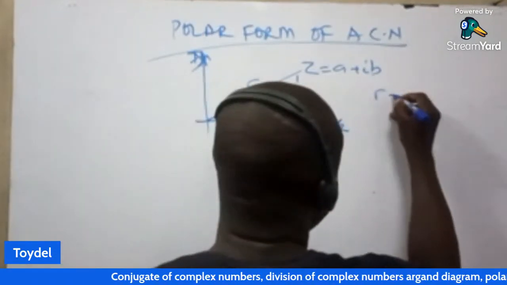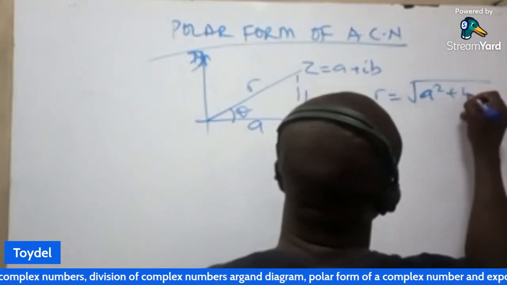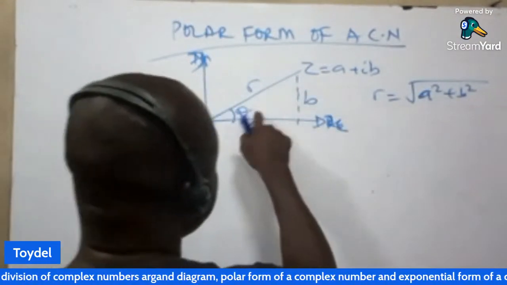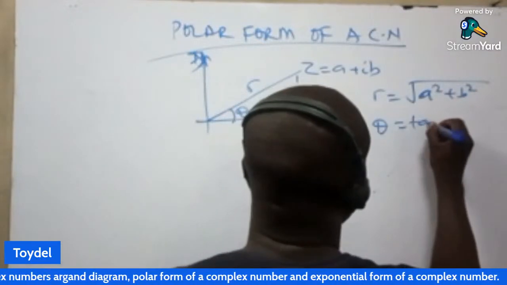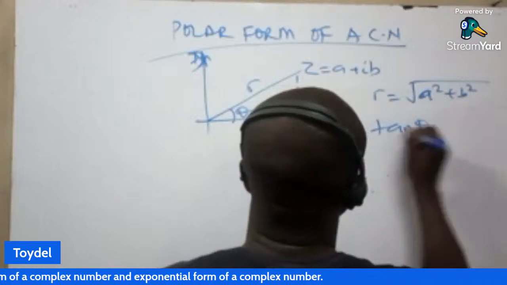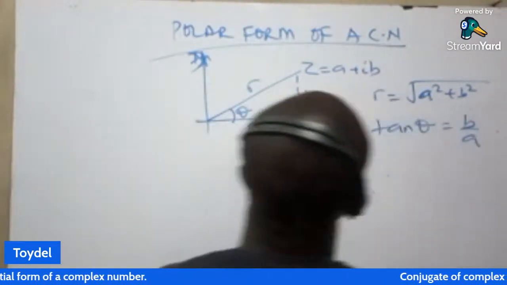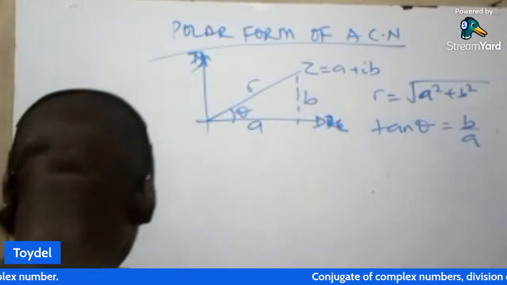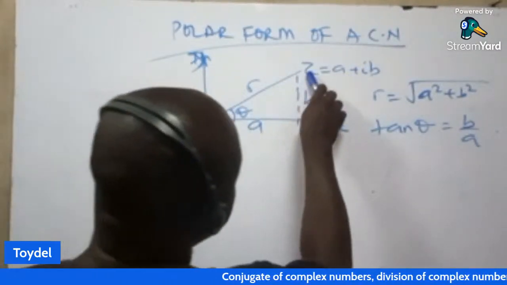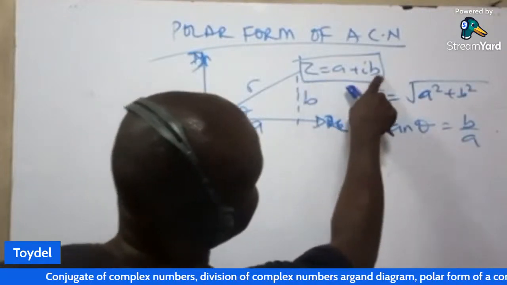So r is equal to the square root of a squared plus b squared. Then for this angle theta, let's just say tan theta is equal to opposite all over adjacent. That will be b all over a. Now, if you want to change this z from standard form to polar form, there's need for us to find a and b.